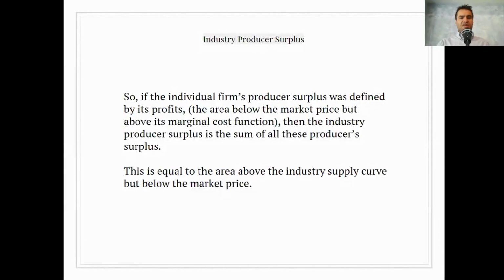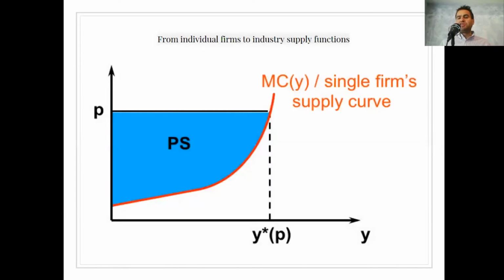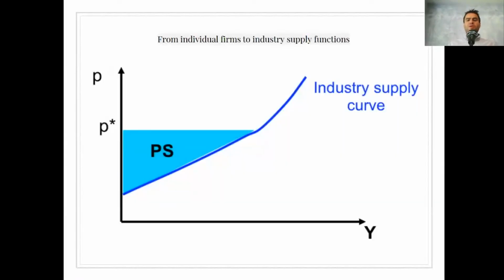And essentially this translates to the following. If this was the original producer surplus of one firm, once we add this up, we get something, for simplicity, more like this, because the curves would be different and you would need to calculate it with differential or integral calculus. You can have a more or less linear supply curve, which is the sum of all the many different individual supply curves, and therefore you can easily calculate this producer surplus in the same way you calculate the consumer surplus, which is just the area of a triangle.